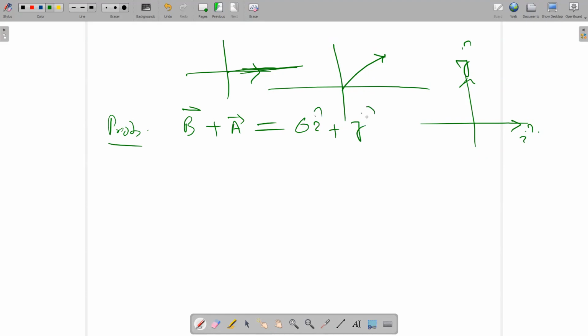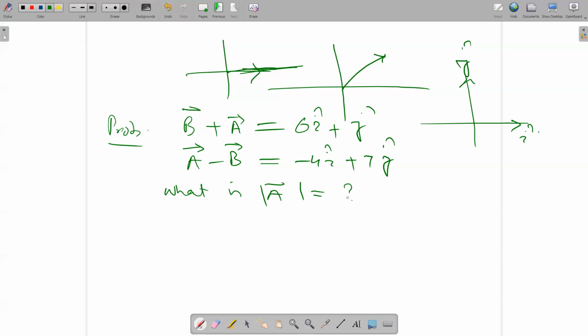If B is subtracted from A, meaning A minus B, the result is minus 4i plus 7j. This is given in the question. If you add B to A, we get this value. If we subtract B from A, we get this value. The question is, what is the A vector magnitude? So we need this one.